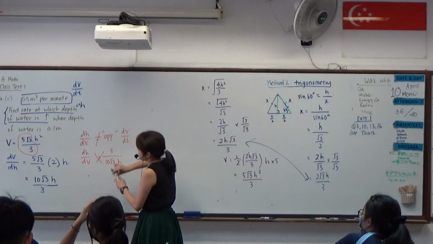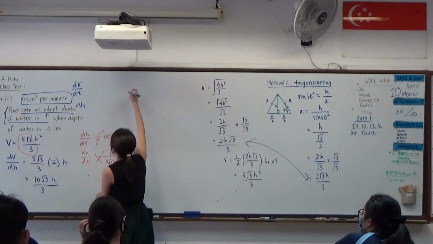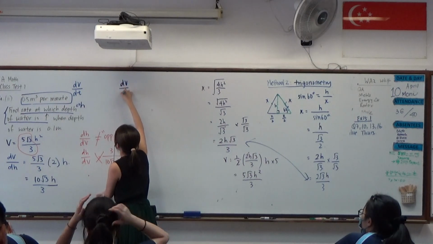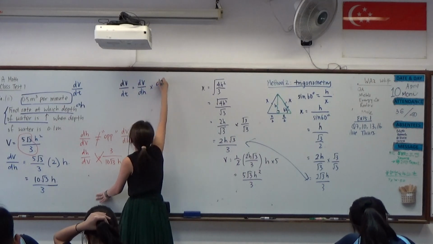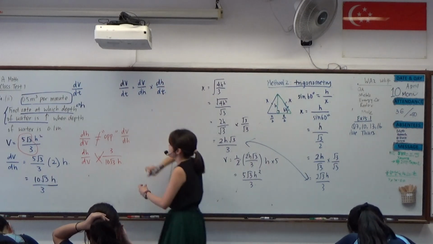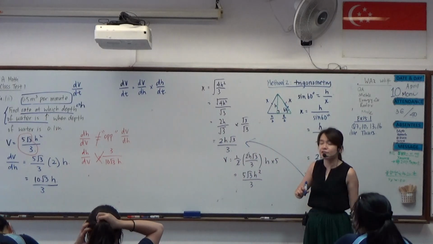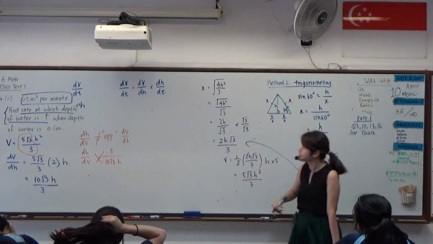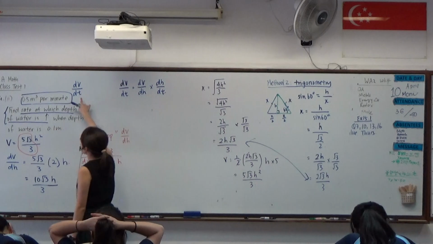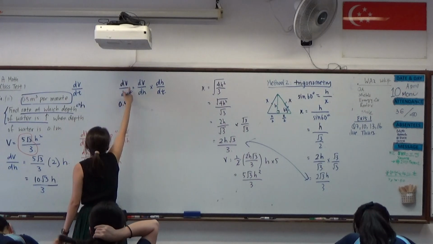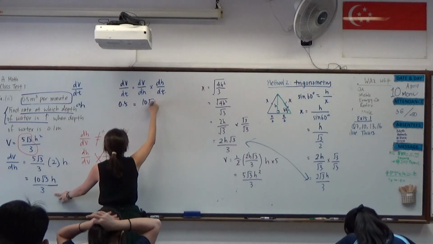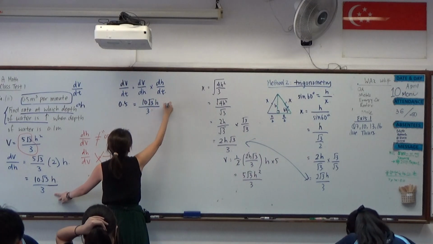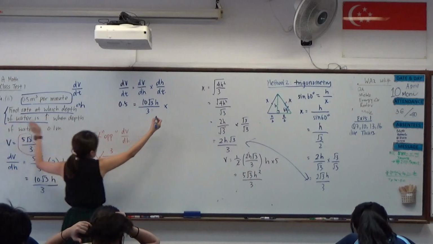So with dV over dH already, the connection that we have is that dV over dt equals dV over dH times dH over dt. Okay, so this is the formula that we need to have. Alright, then putting the things into place, dV over dt is 0.5, dV over dH is 10 root 3 H over 3, and dH over dt is what I want to find.